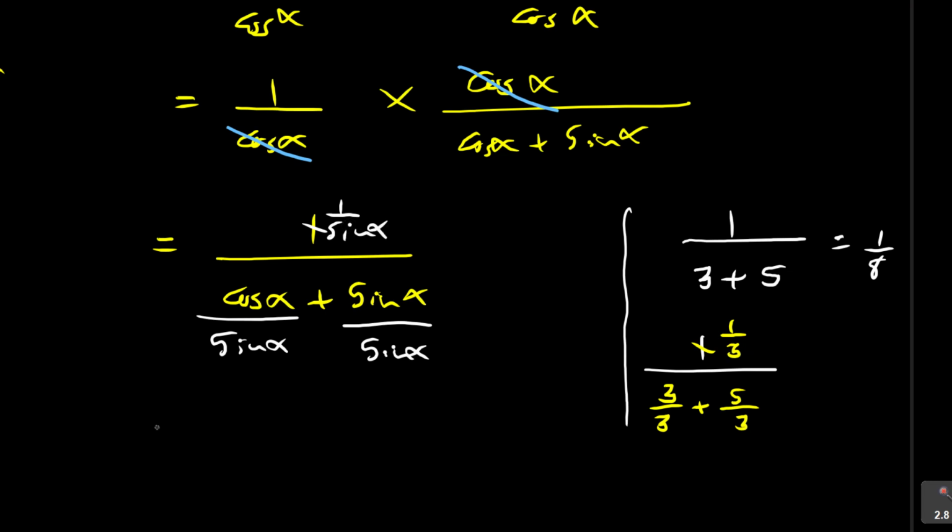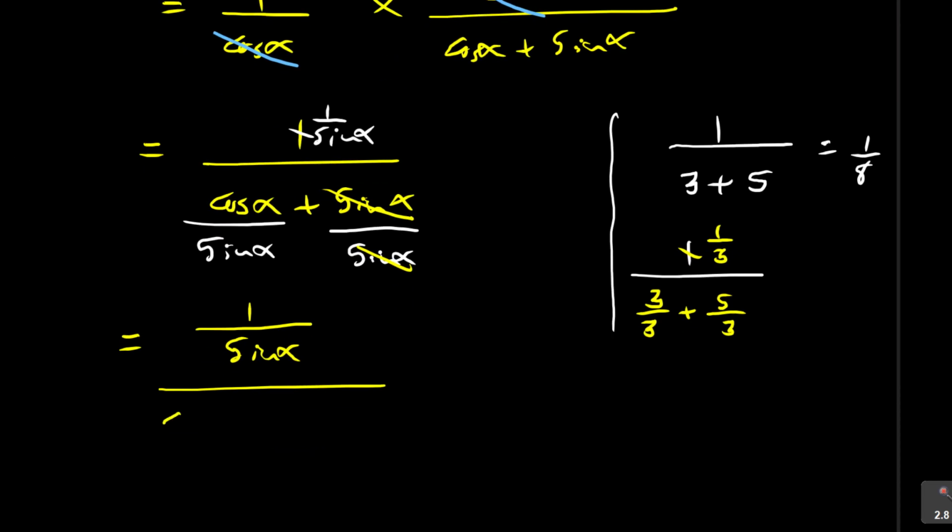You see that? So this is equal to 1 over, sine alpha all over, that's where you get a 1, but you'll be having cos alpha over sine alpha plus 1.